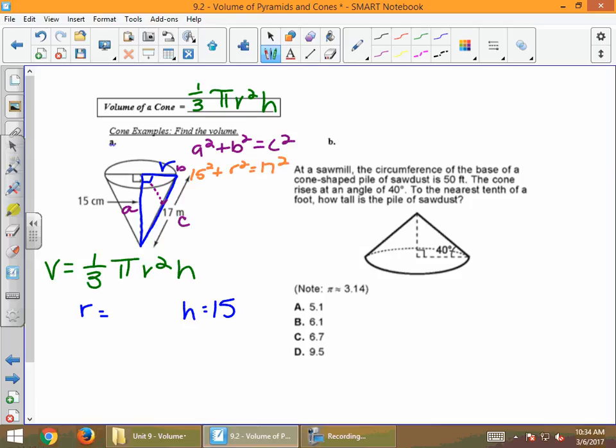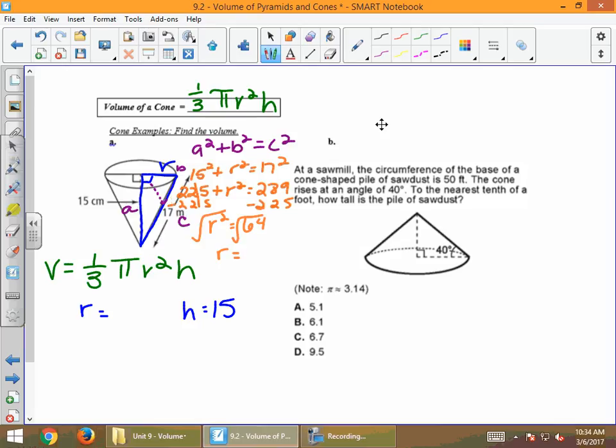What is 15 squared? 225. What's 17 squared? 289. Move the 225 over. And what is 289 minus 225? Square root both sides.